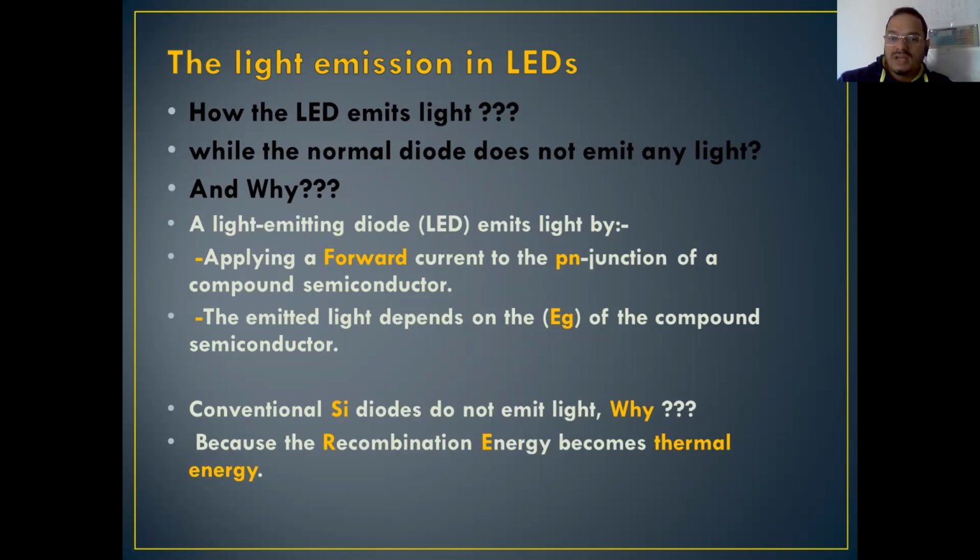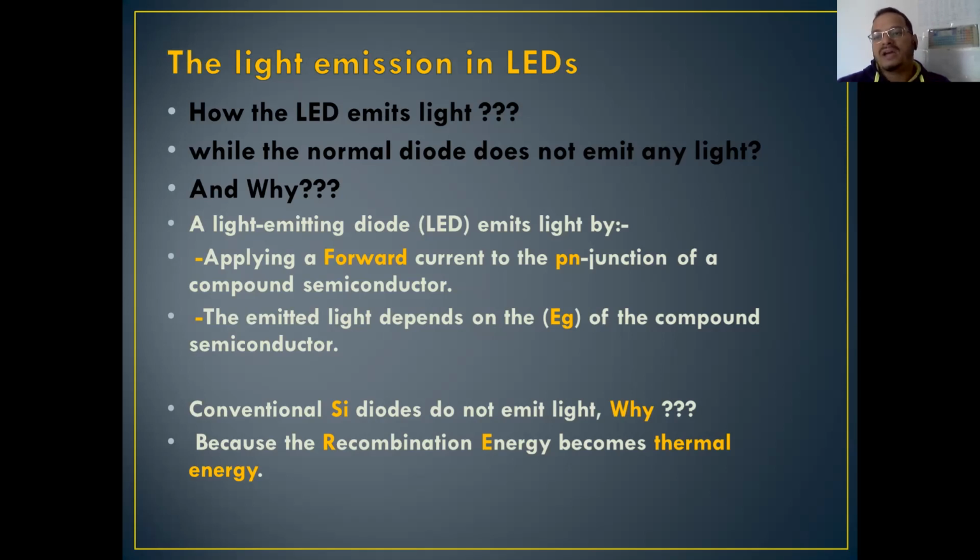A light emitting diode emits light by applying forward current to the p-n junction of a compound semiconductor. The emitted light depends on the energy band gap. By using different materials, we can generate another color, another intensity, from the compound semiconductor, versus a conventional semiconductor diode. This is important. Why don't conventional or ordinary silicon diodes emit light, while here we deal with diodes that can emit light?